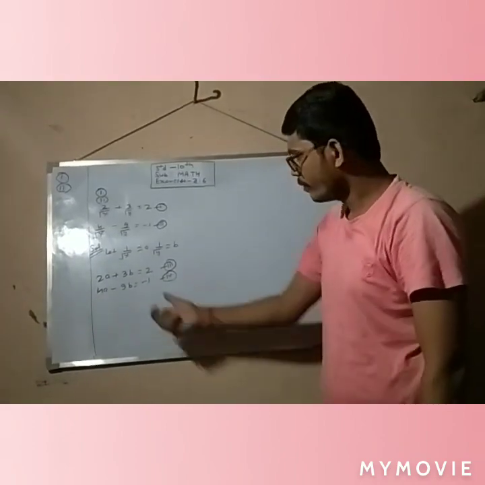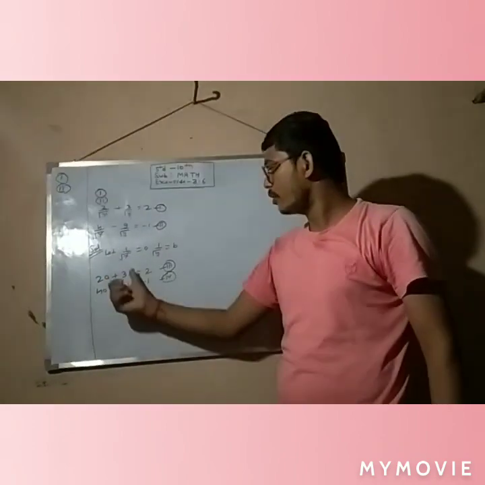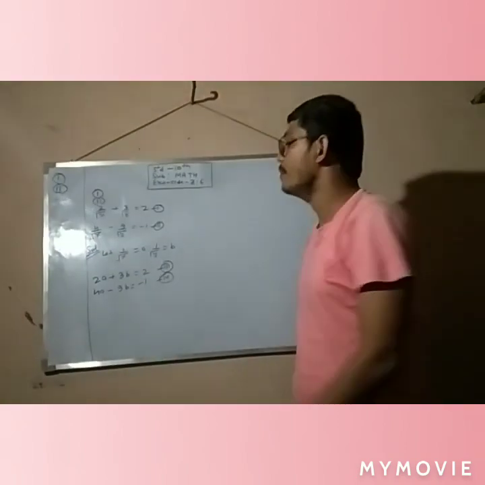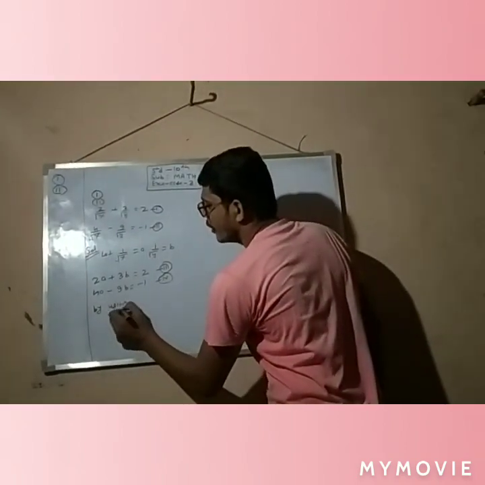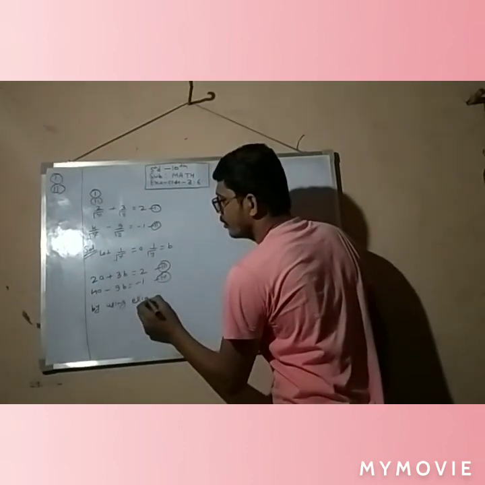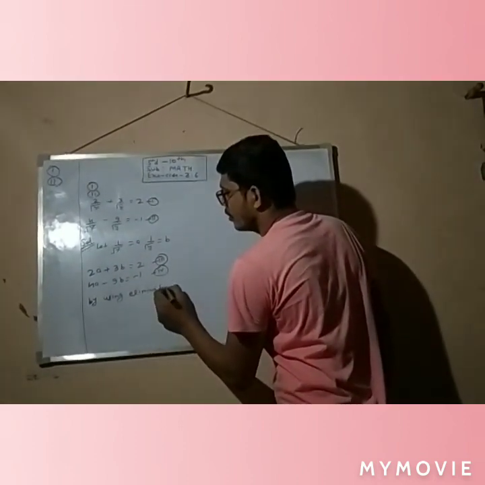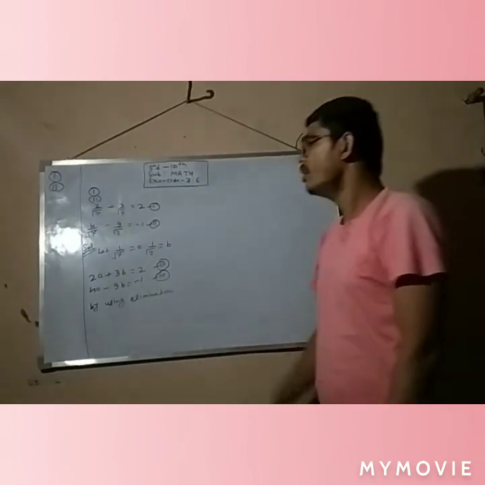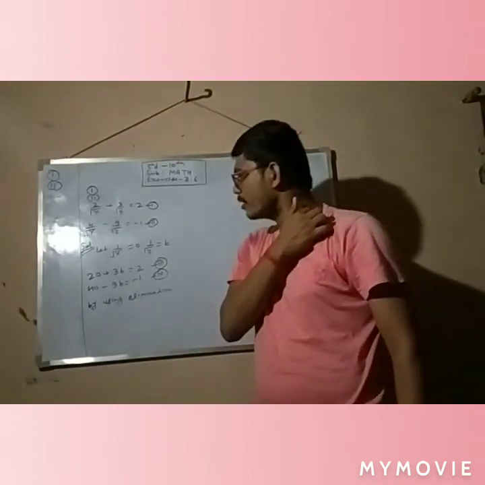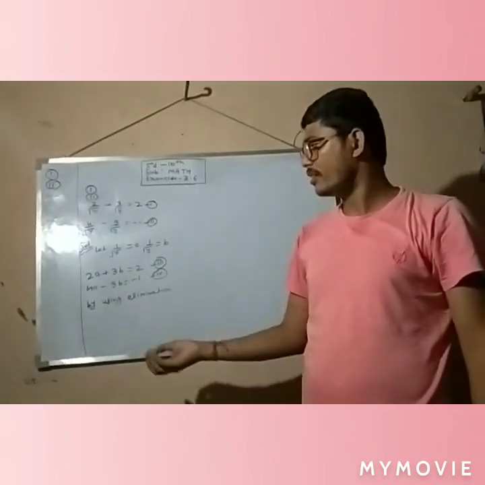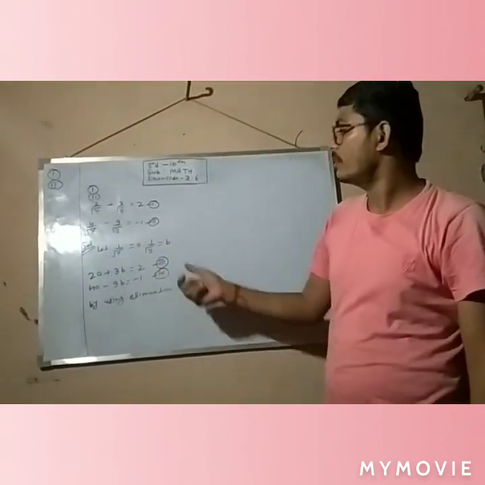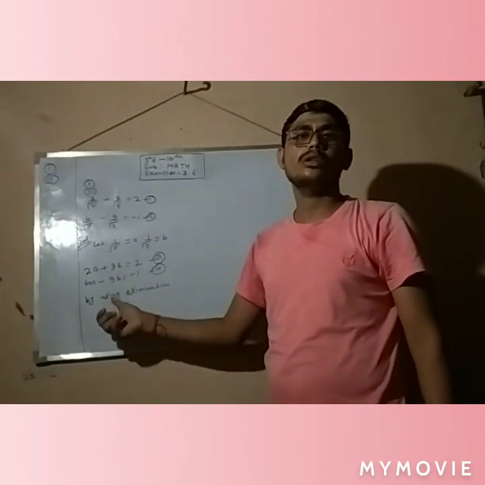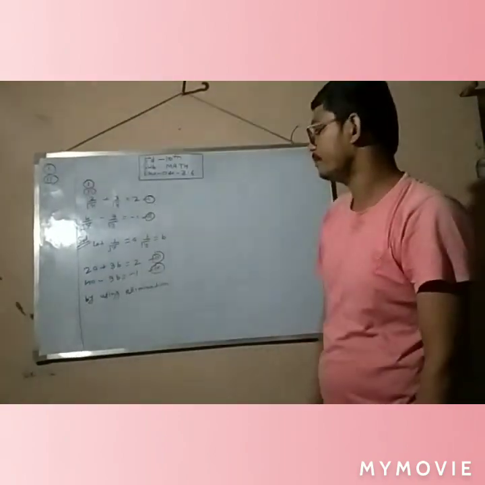Now student, solve these third and fourth equations by the elimination method. Either you can solve these equations by the elimination method, substitution method, or cross multiplication method, but here we are going to solve by the elimination method.